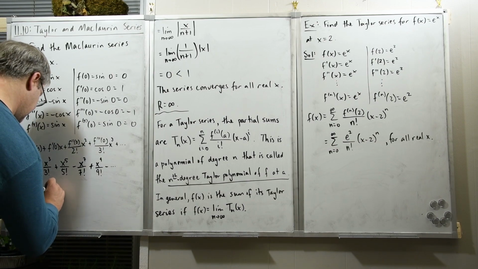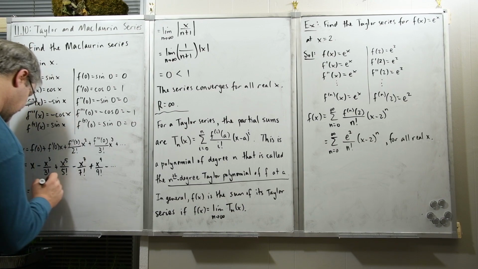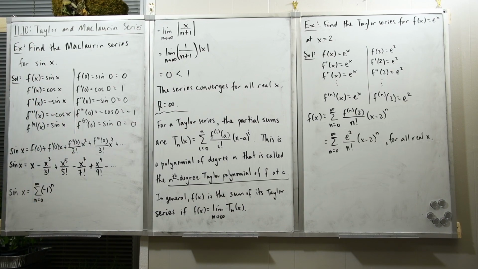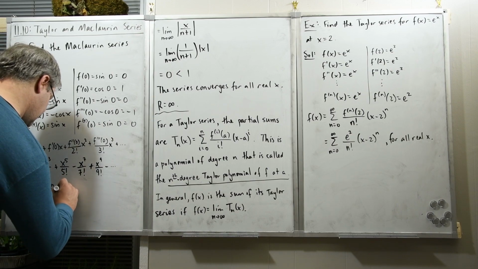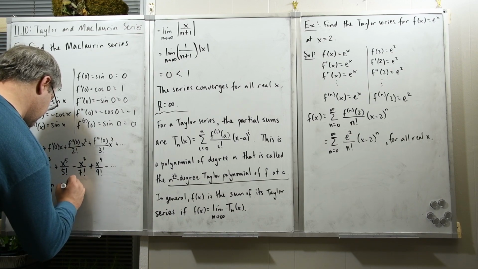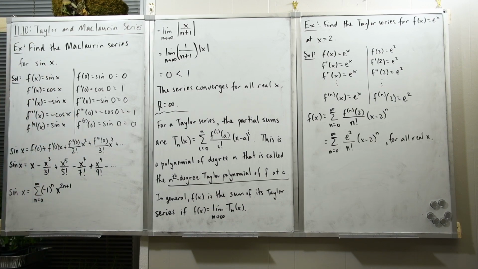So we'll have negative 1 raised to the nth power, and that'll be our sign change mechanism. But notice that we're going to have x always raised to an odd power, so we'll use 2n plus 1 to represent that odd number that x is raised to.